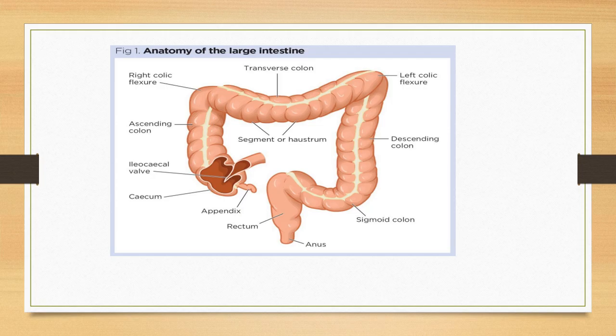Now, for anatomical reasons, when you see the word sigmoid and anus, this area is where colorectal cancer occurs, rectum and sigmoid. Okay, and that's what I'm going to tell you right here and now. The most important process of testing these folks is colonoscopies. Okay, so colonoscopies will go from the anus up through the rectum, up through the sigmoid, up through the descending, and all the way to the transverse, and all the way down.